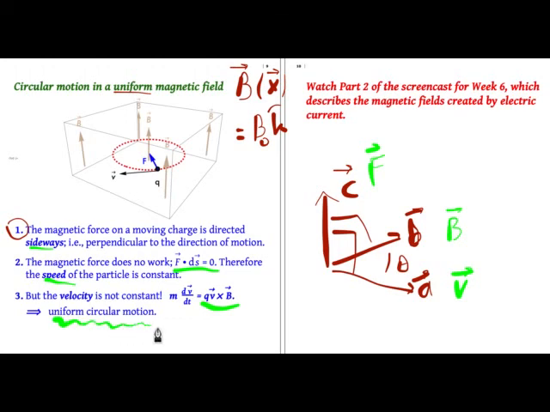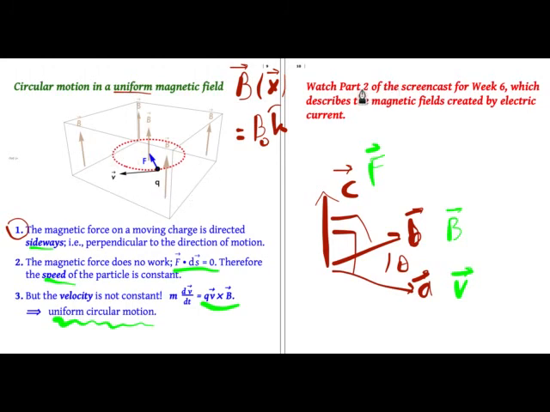The condition for uniform circular motion is that the speed is constant and the force is perpendicular to the velocity. All right, so on the long kappa assignment, there'll be a number of problems which involve motion of a charge on a circular arc.